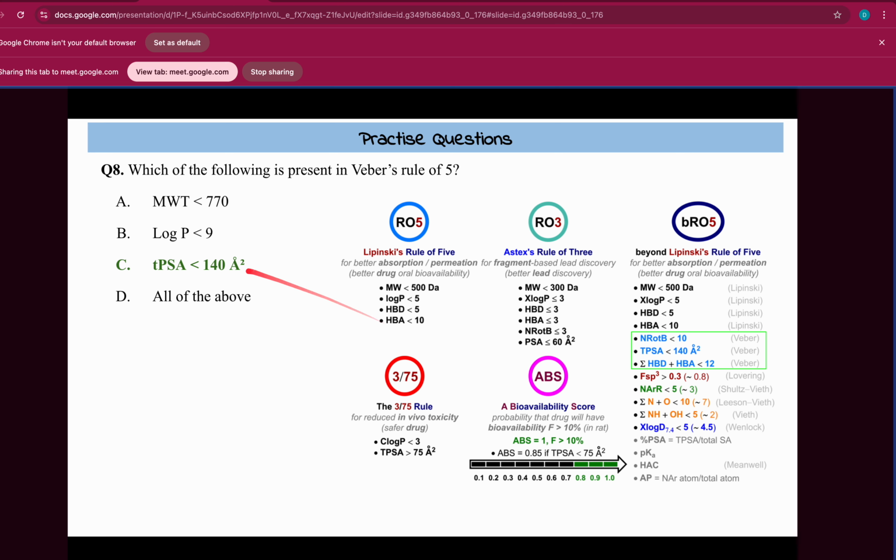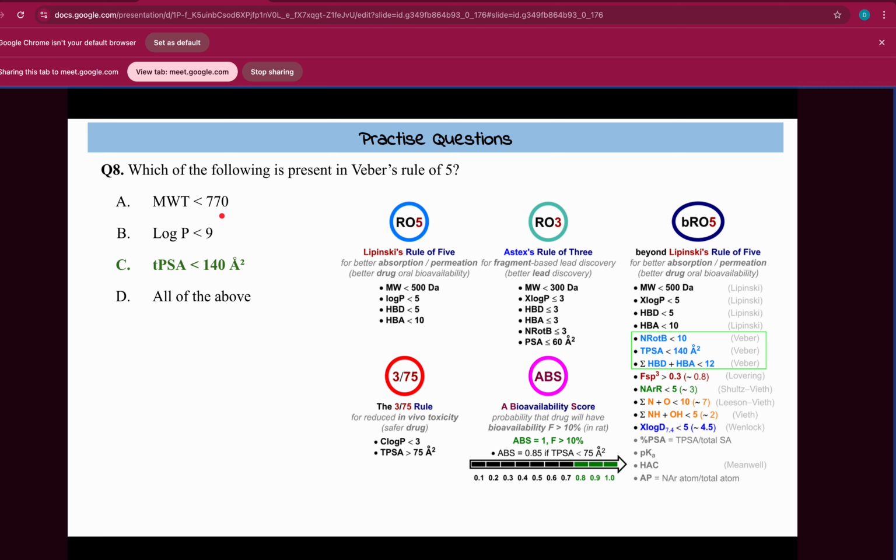So the right answer is option C, which is TPSA less than 140 angstrom square. So these are the Weber's rules. According to them, number of rotatable bonds should be less than 10, TPSA should be less than 140 angstrom square, and sum of hydrogen bond donors and hydrogen bond acceptors should be less than 12. Whereas in this case, molecular weight less than 770.